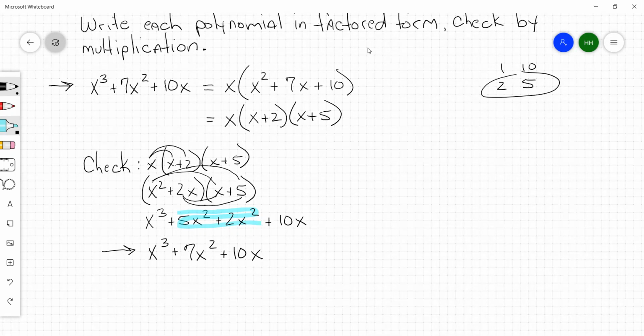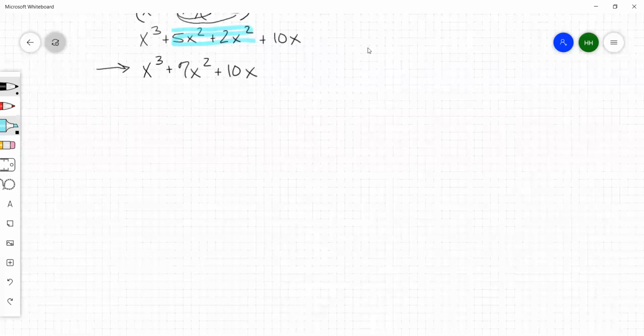All right, so we're going to do one more of these. We've got x to the third plus 8x squared plus 16x.